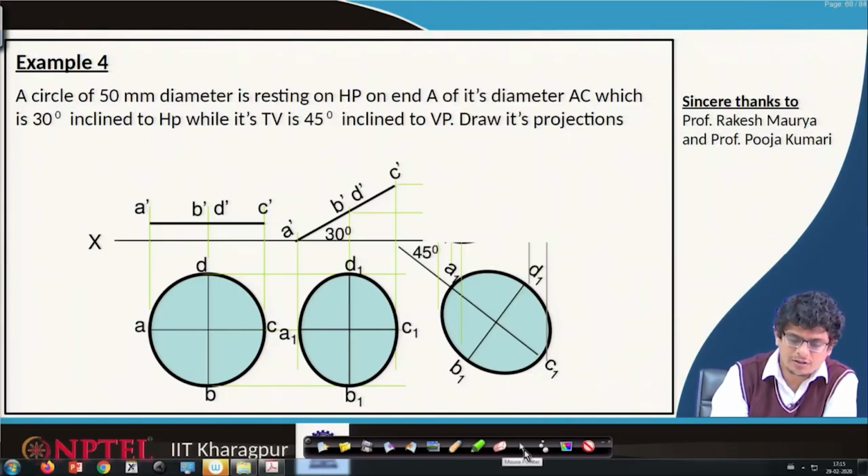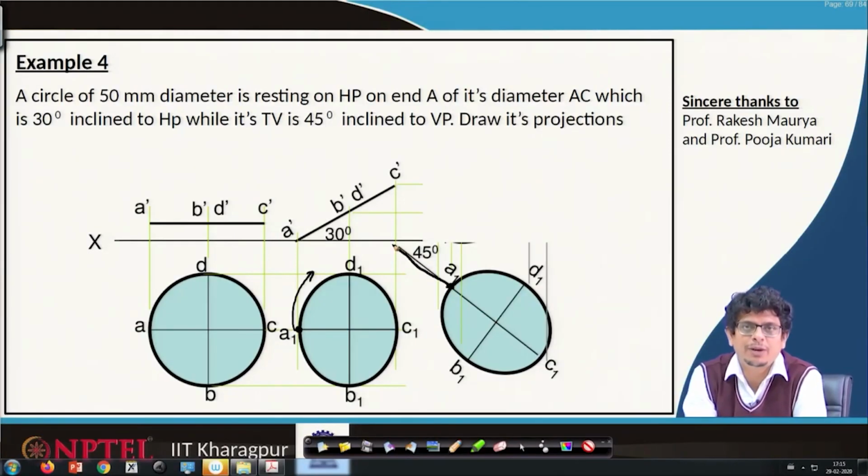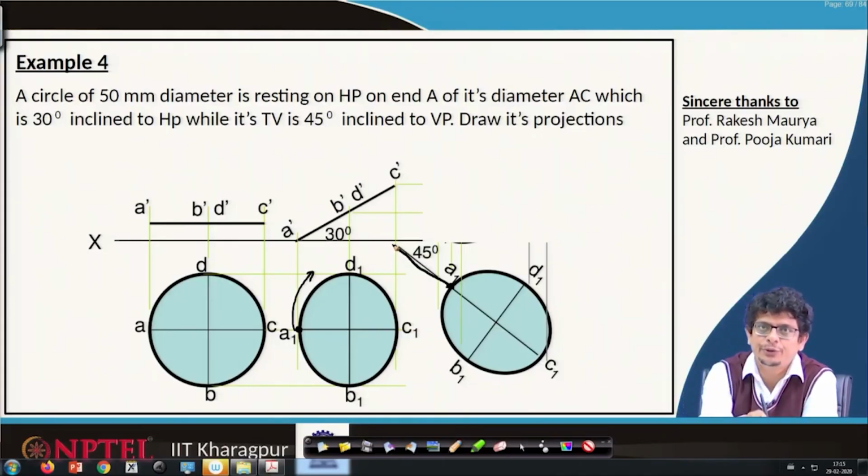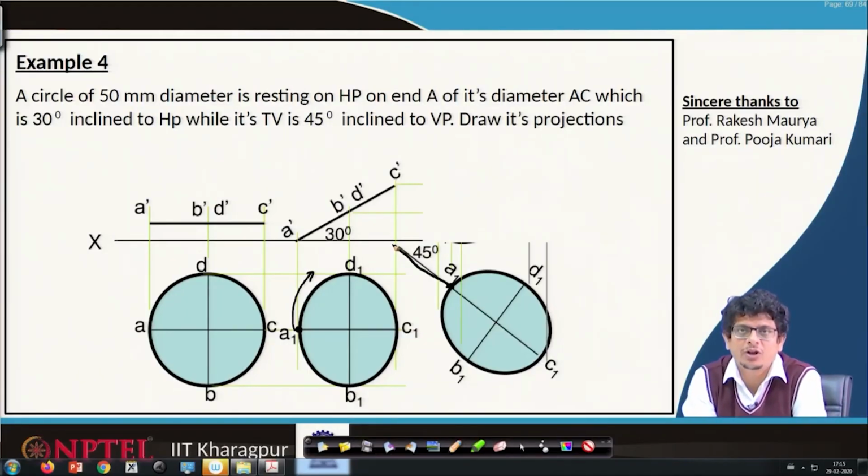For example, this A point is rotated by 45 degrees. So, this one goes via 45 degrees to that plane. Which plane are we talking about? Because we are viewing it from the top view. In top view, if we are observing some angle, that means this diameter must be making a 45 degrees angle with the vertical plane.